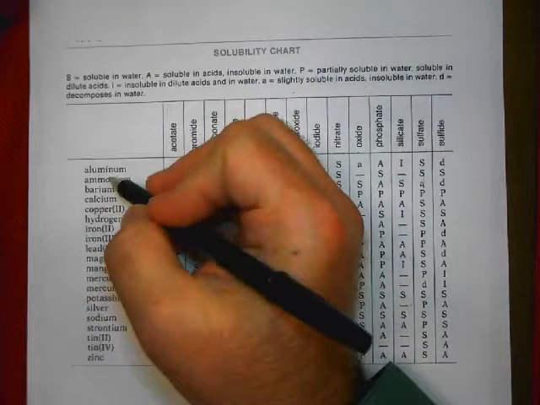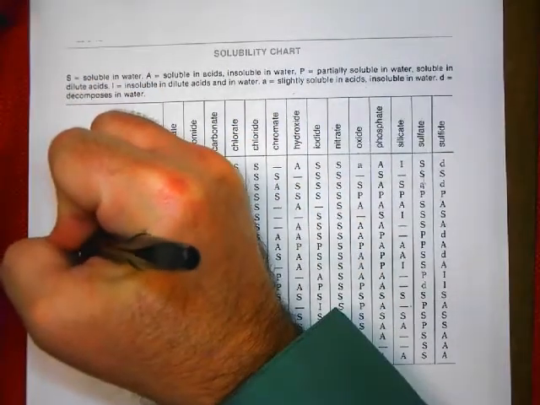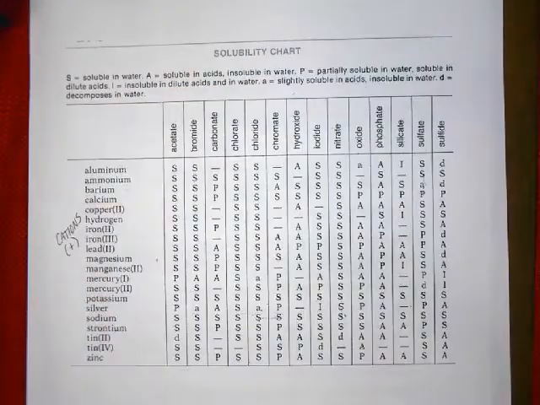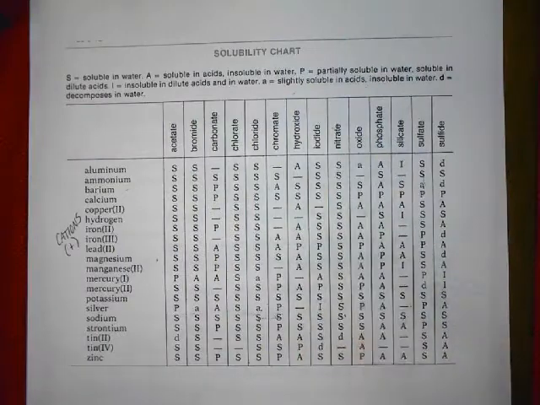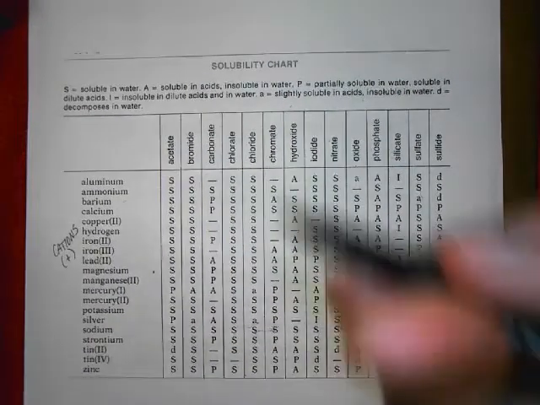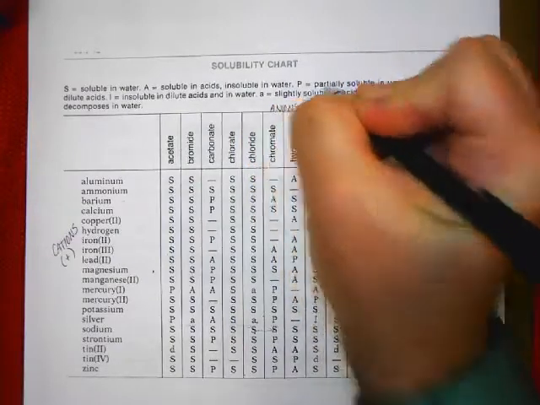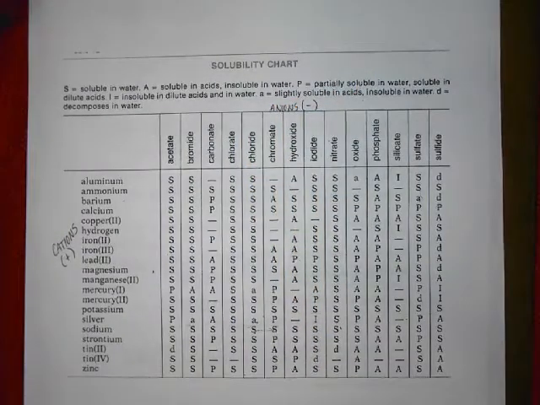So down along the left-hand side, we have our cations. If you remember, cations are positive ions. And across the top, we have the names of many of our anions. And those anions are all negative ions. Many of them are polyatomic, like acetate and carbonate.